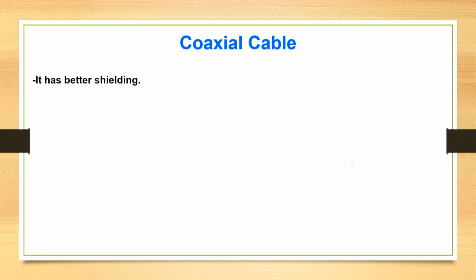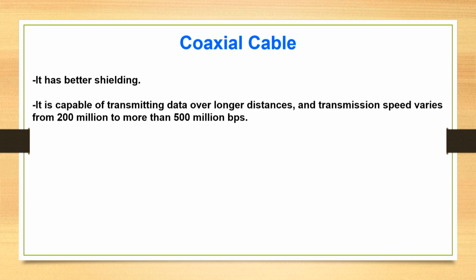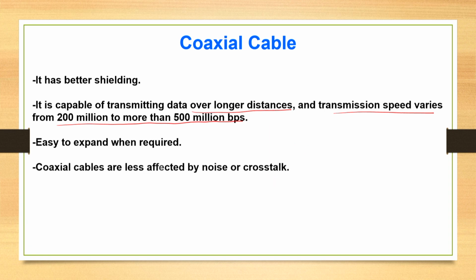It has better shielding and it is capable of transmitting data over longer distances, where the transmission speed varies from 200 million to more than 500 million bits per second. It's easy to expand when required and it is less affected by noise or crosstalk.